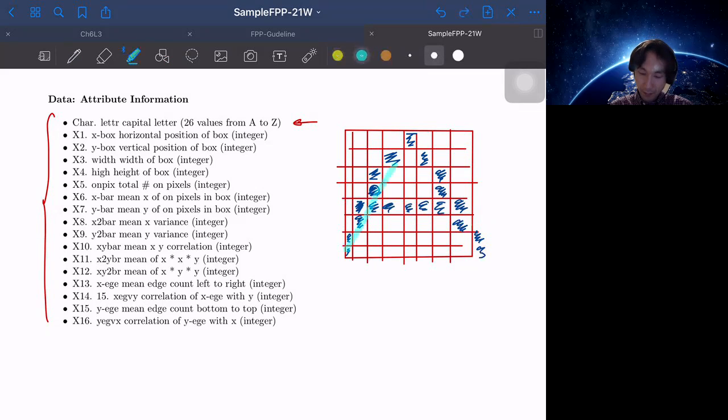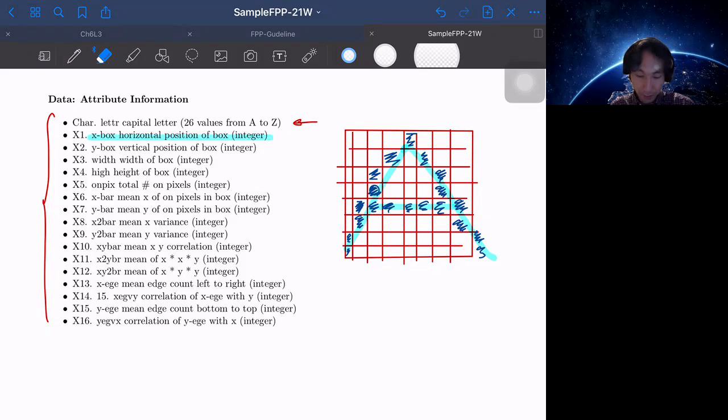This data set only has the summarized information. So the x-box horizontal position, I'm not sure about the horizontal position.